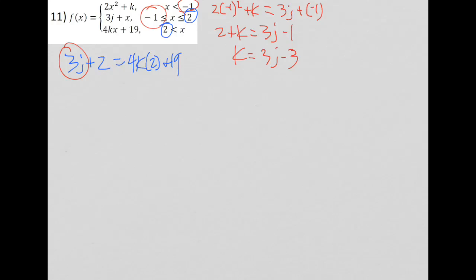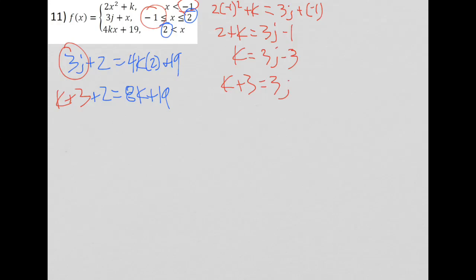So I'm going to say that k plus 3 equals 3j. And I'm going to go ahead and just substitute 3j in. So I make this equation k plus 3 plus 2 equals 4. Let's go ahead and do 4 times 2 is 8k plus 19.